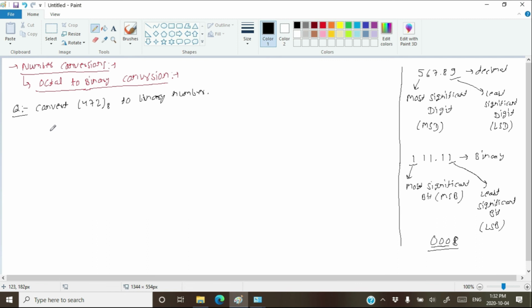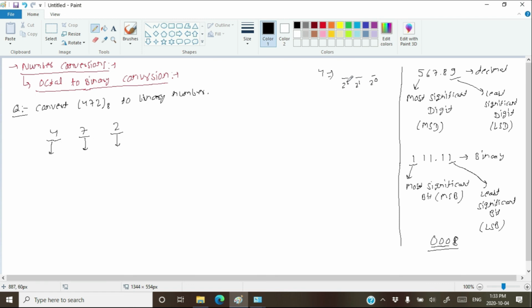Just write the numbers 4, 7, 2. Represent the numbers in 3-bit binaries. Do you remember how to represent the numbers in 3-bit binary? Let me remind you. You have to convert 4 in 3-bit binary, then assign the weights to these 3 bits: 2 to the power 2, 2 to the power 1, 2 to the power 0.